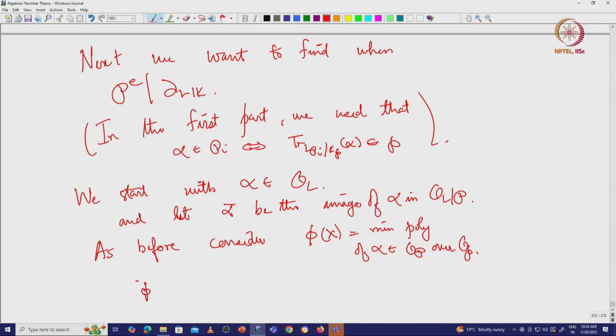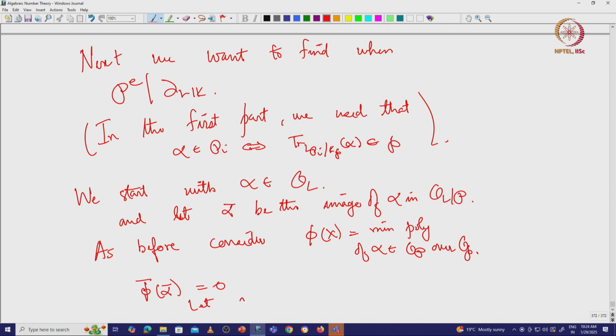So we know that phi bar of alpha bar, where phi bar means phi modulo small p, has alpha bar as a root.